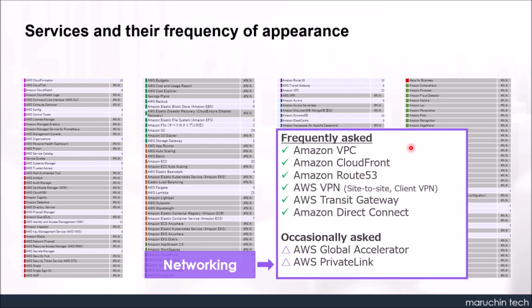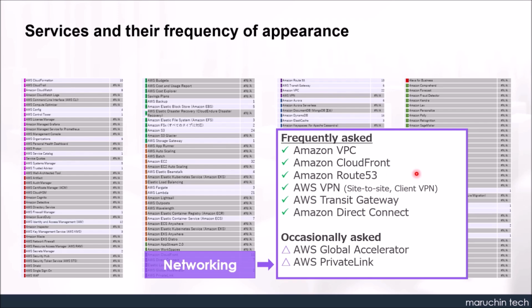In the professional exam, multi-region networks are included in the theme, so edge services like CloudFront and Route 53 are frequently tested. And for Route 53, you will encounter questions about the different uses of routing policies, such as geolocation routing, failover routing, latency-based routing, and geoproximity routing.